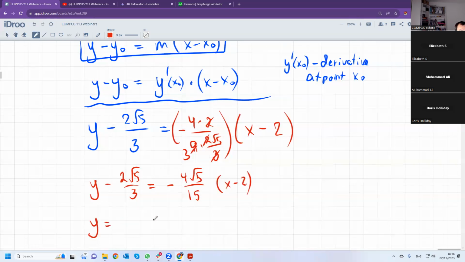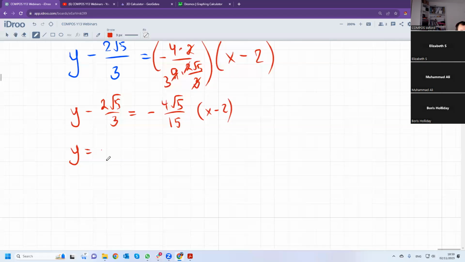So y is going to be equal to, honestly, I'm too lazy to, well, okay, all right, I'm not that lazy. Minus 4 square root of 5 over 15 x plus 8 square root of 5 over 15 plus 2 square root of 5 over 3.